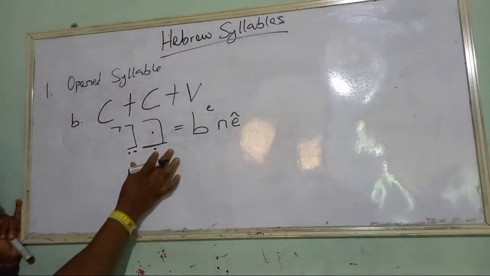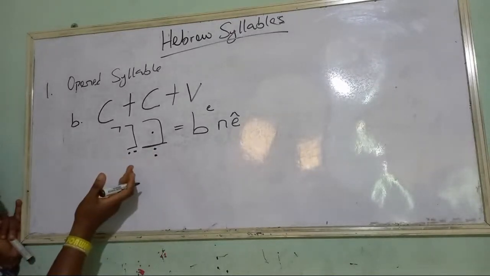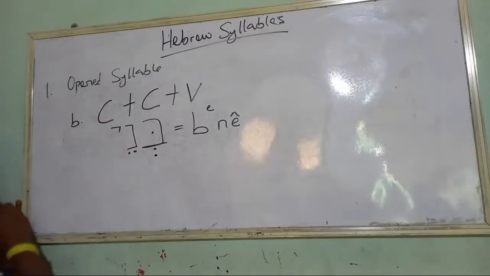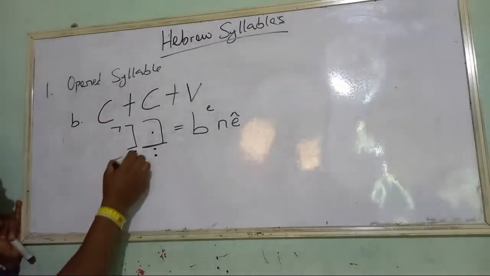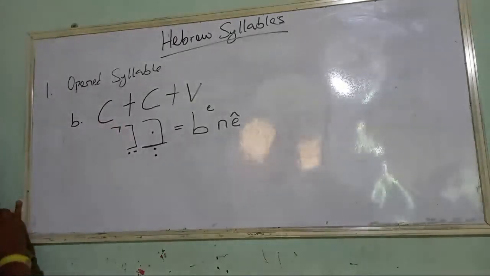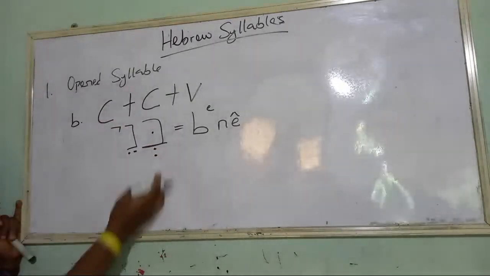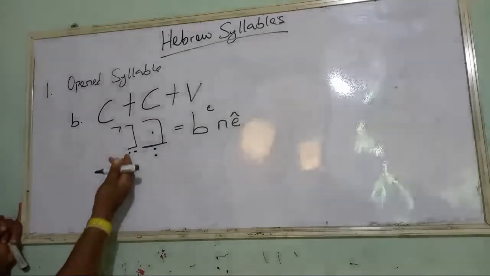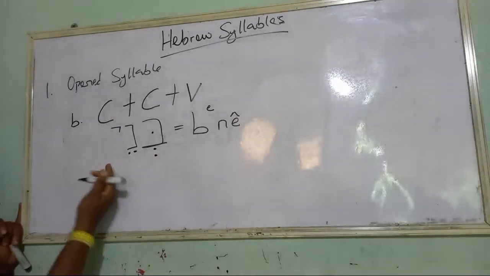Even though this looks like a long word, it is monosyllabic, with only one full vowel, the yod. This is a simple shewa, a half vowel, so we don't reckon with it. Why do we call it an open syllable?